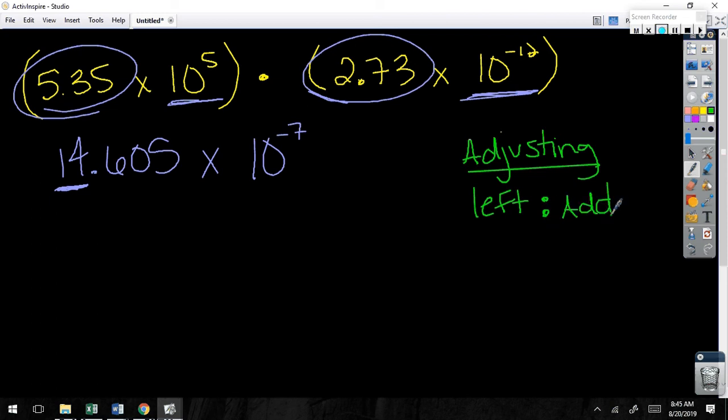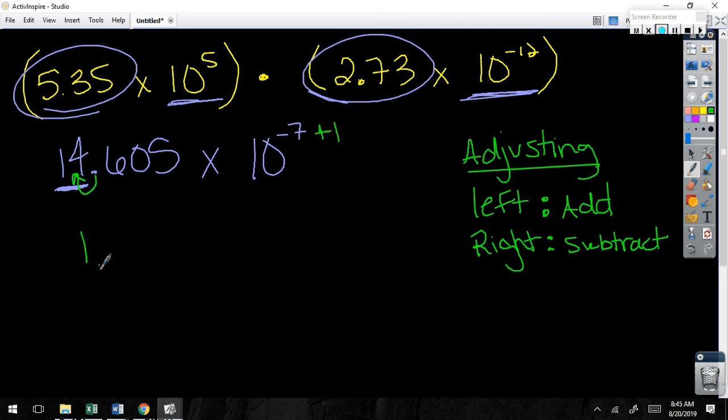Okay? Most times you see a positive exponent, you move to the right. Well, here, if I'm adjusting, I have to do the opposite. So if I need the decimal to go left, I add. If I need it to go right, guess what I do? Subtract. So I need to go left 1, which means I'm going to add 1 here.